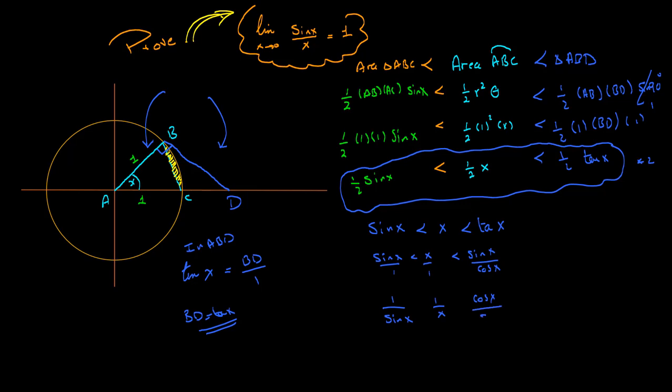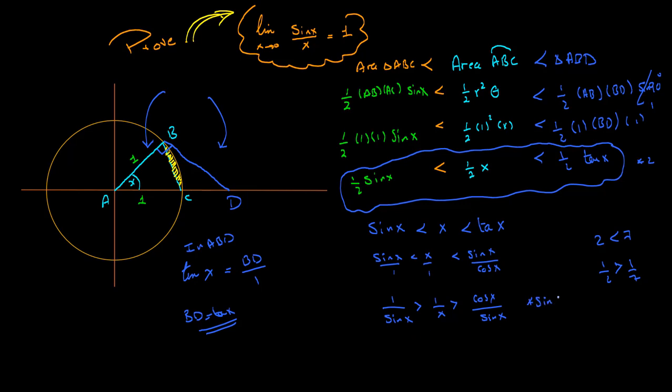When we take the reciprocal, we have to switch the operator. So instead of smaller than, it's going to be greater than, just like 2 is smaller than 7, but 1 over 2 is greater than 1 over 7. Now we can multiply the whole inequality by sine x.